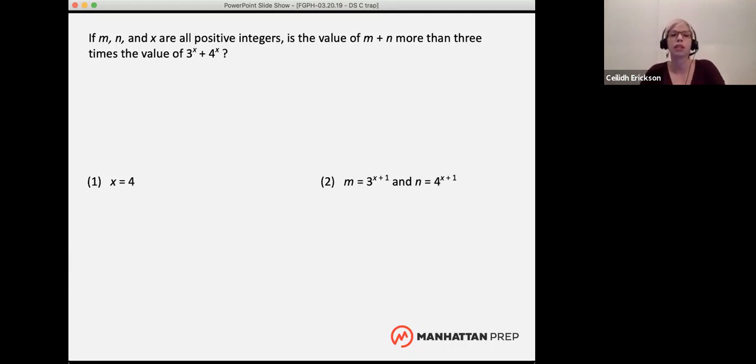What is definitely not possible? There's no way the answer is going to be A, because just knowing that X is 4 tells us nothing about M and N, so there's no way that's enough. A is out, but then also D is out, right? So here's a question for you guys. What would happen if you put the two statements together?